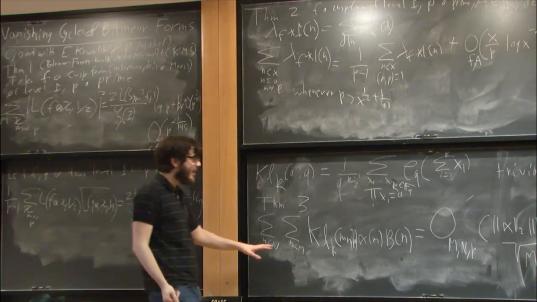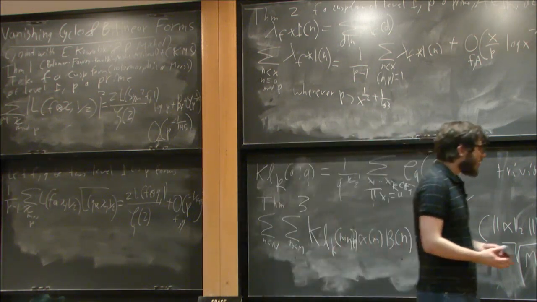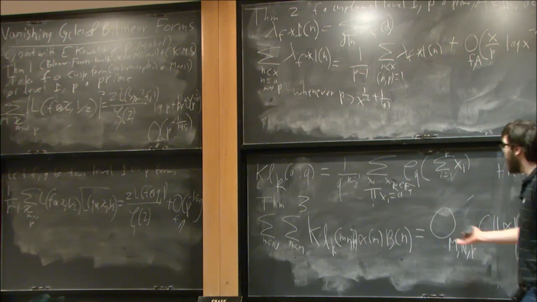Okay, so now I want to explain where this bound comes from, and how can we control this kind of sum.